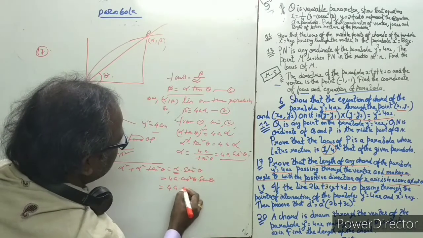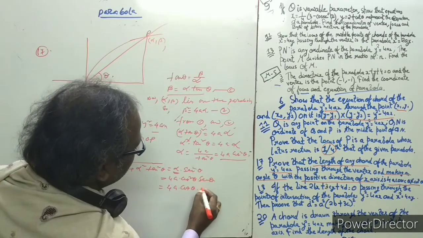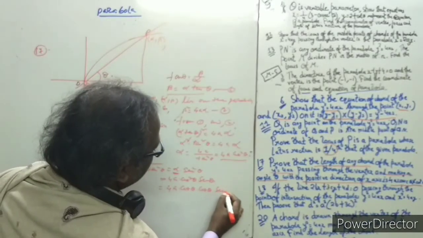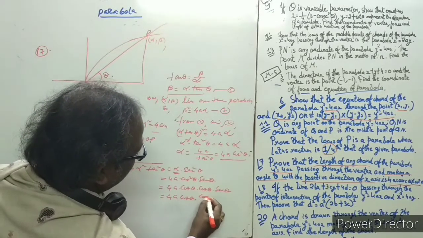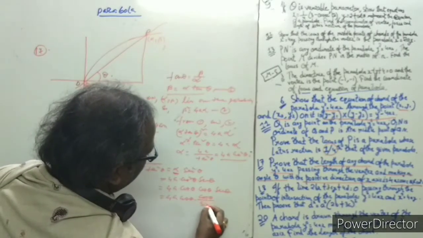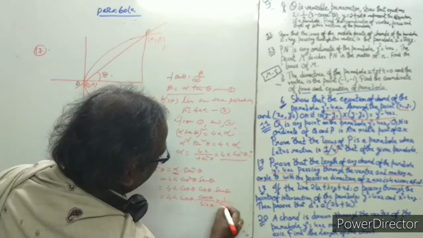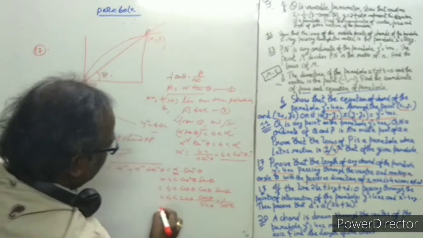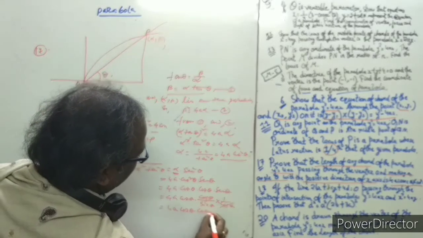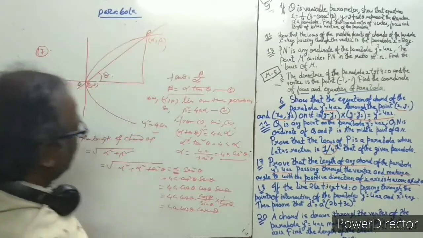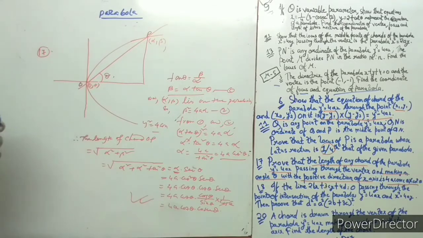We can also write it as 4a cot theta, and this is cos theta by sin theta into 1 by cos theta. Okay, so 4a cot theta cosec theta. So this is your answer. This is the length of chord.